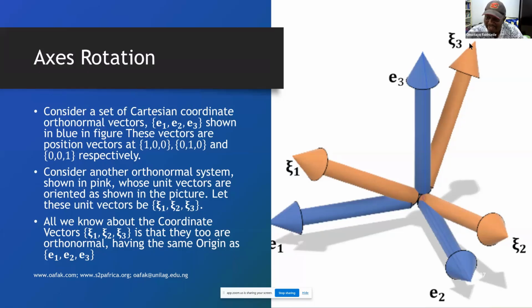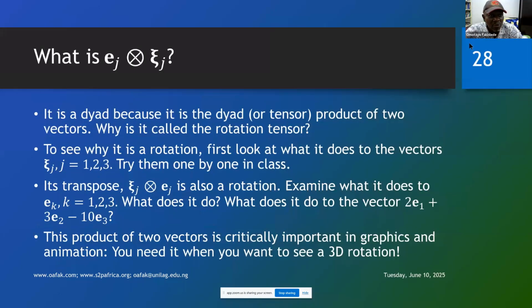The origins are the same, so they are in the same origin, and we are just dealing with a situation where we have just made some rotation from one to the other. We are going to now explain and show why that dyad that we showed earlier, this dyad e_j dyad Xi_j, is called what it is.